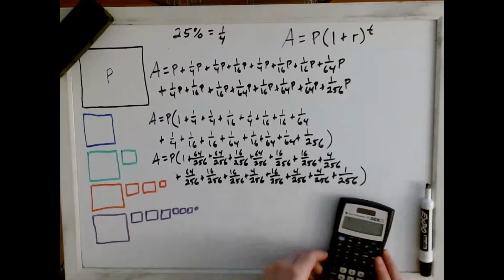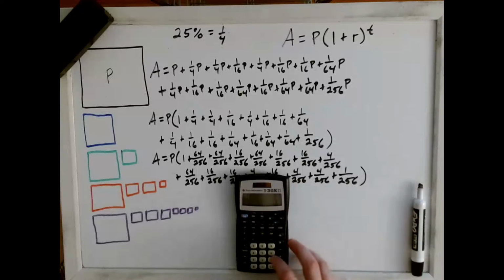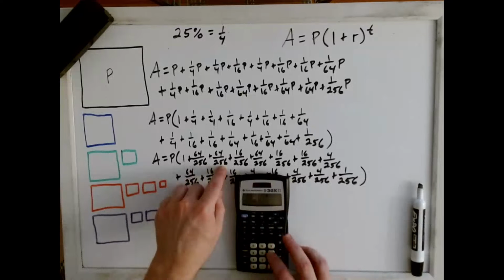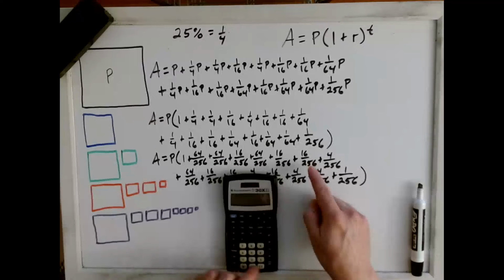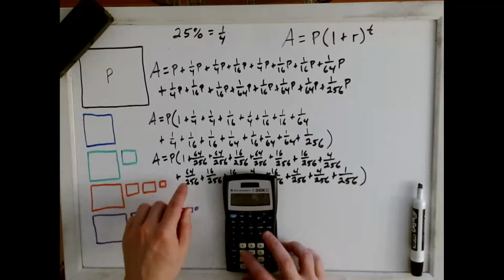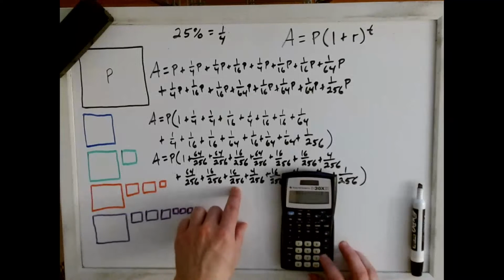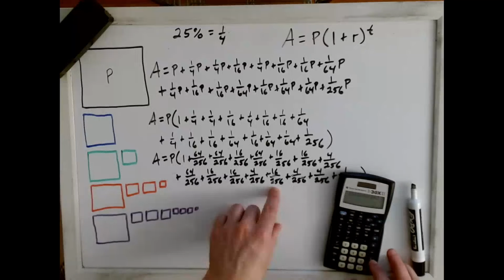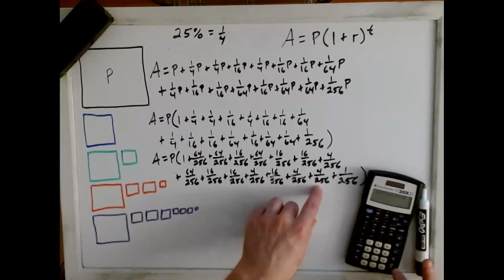Let's add up all of the numerators: 64 plus 64 plus 16 plus 64 plus 16 plus 16 plus 4 plus 64 plus 16 plus 16 plus 4 plus 16 plus 4 plus 4 plus 1.